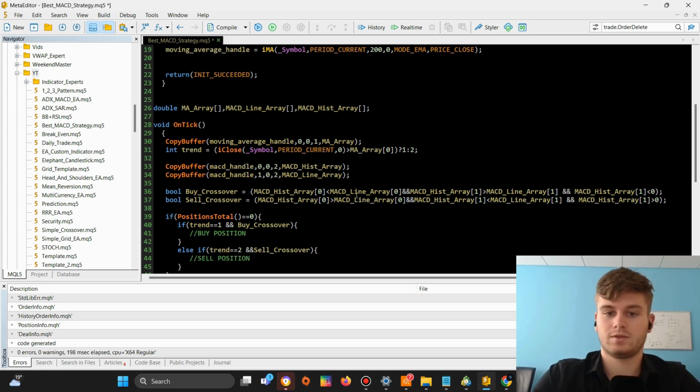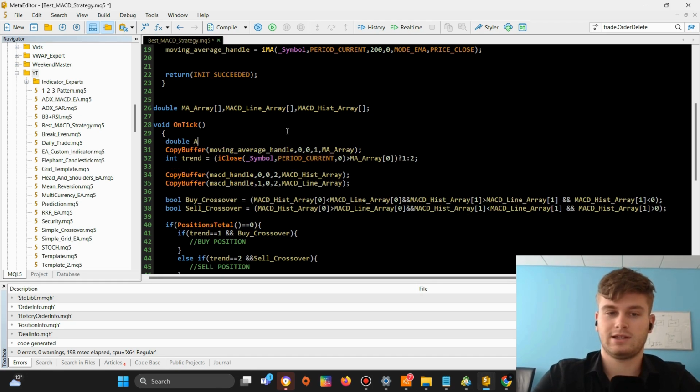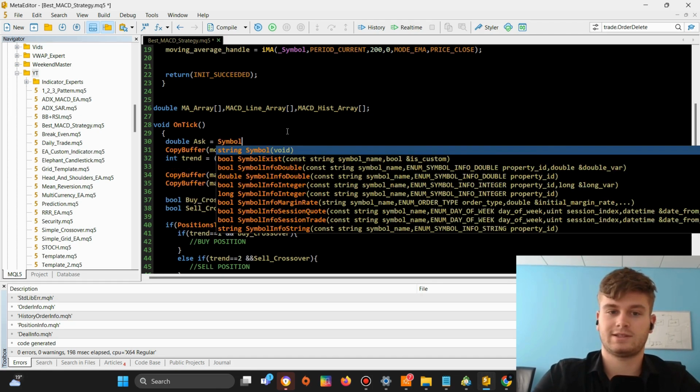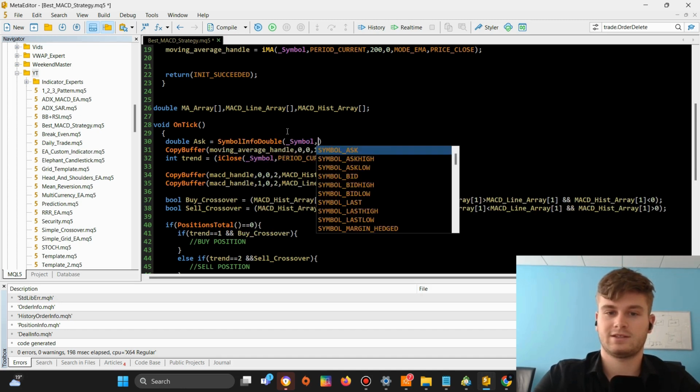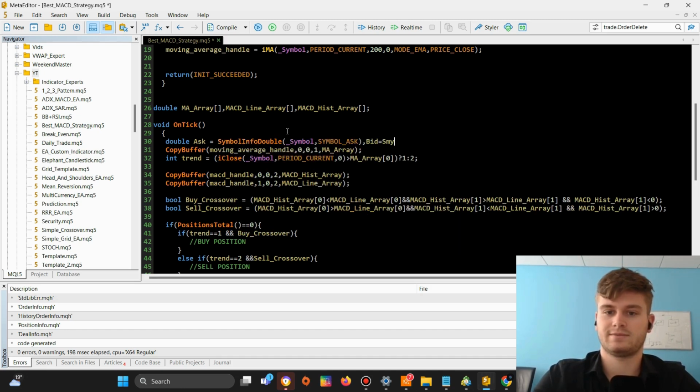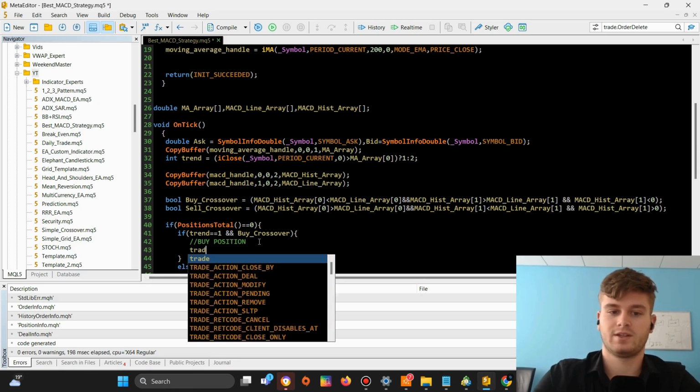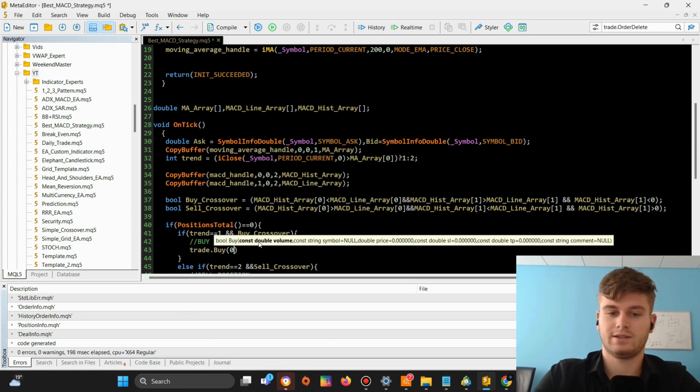Okay, so I also need the ask price. So let's get the ask price and bid price like this. So trade buy 0.01, null for symbol, ask price.